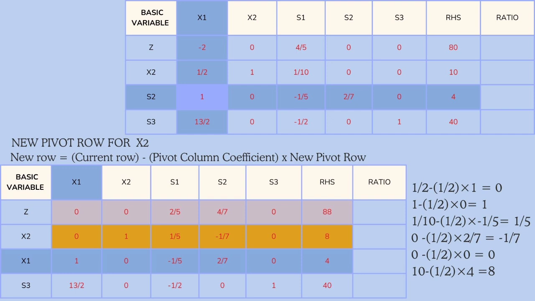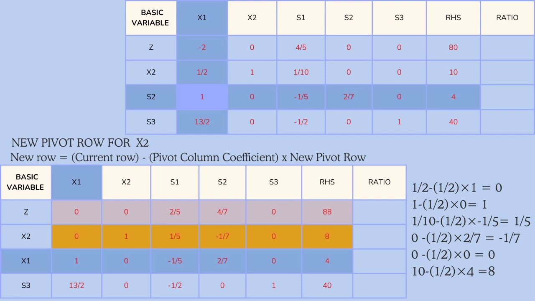Then, yung pivot column coefficient niya is 1/2. Then, ang new pivot row niya is 1, 0, negative 1/5, 2/7, 0, and 4. Ang first is 0 automatic kasi lahat ng nasa pivot column, kapag isolve mo, 0 ang always na sagot.